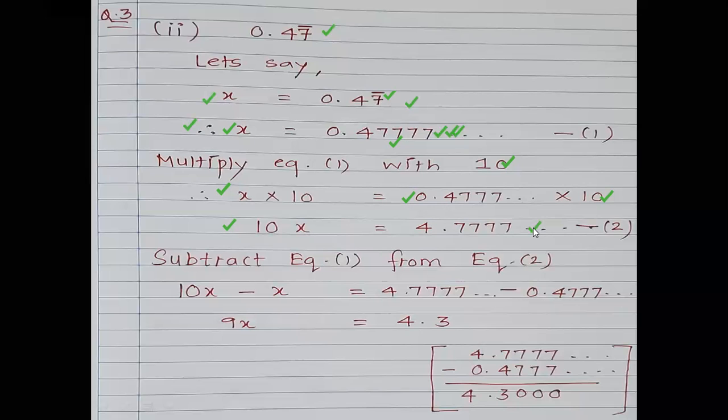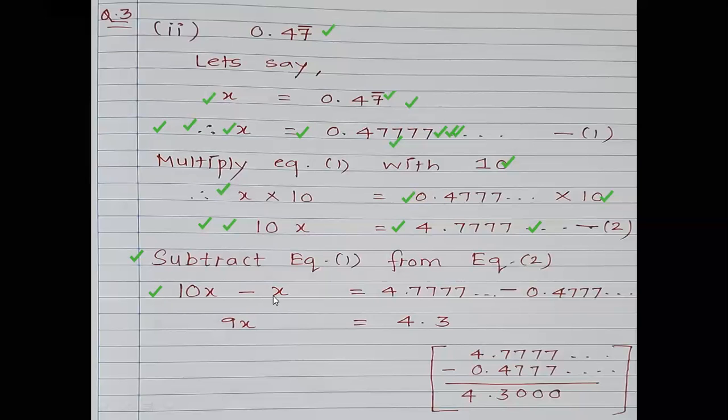So a decimal shift happens and we get 4.7777. Now, in the next step, as we did in the previous sums, we'll subtract equation 1 from equation 2. So 10x minus x. And over here, 4.777 minus 0.477 as seen in this step.